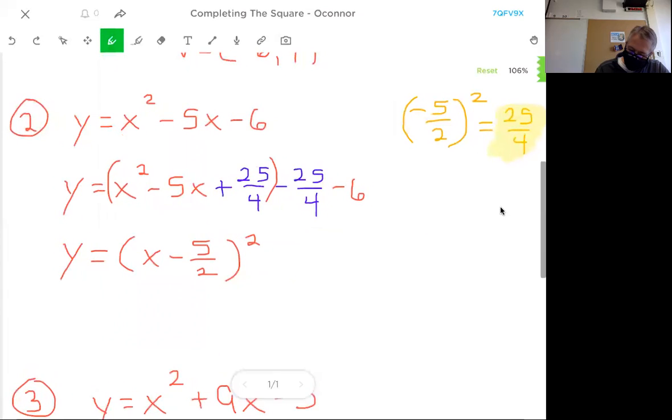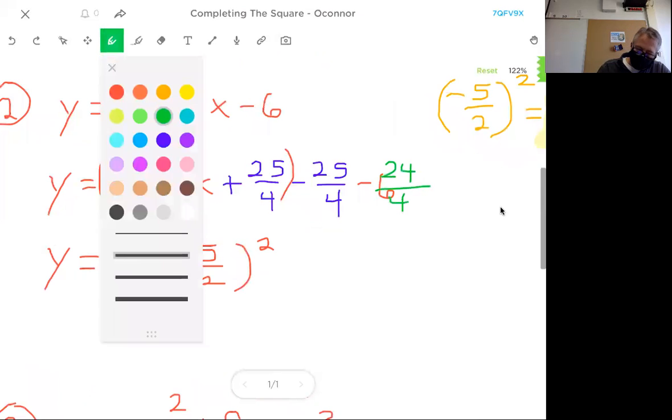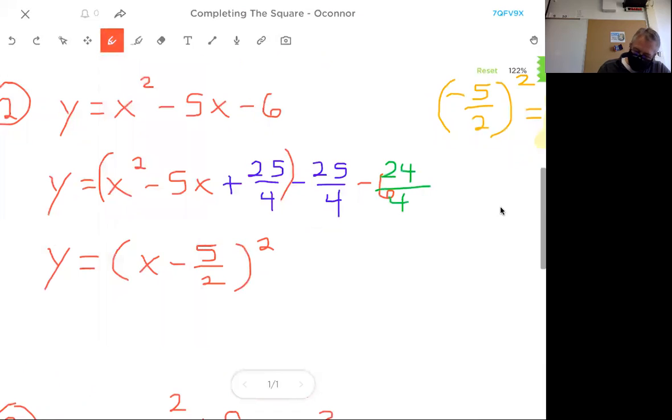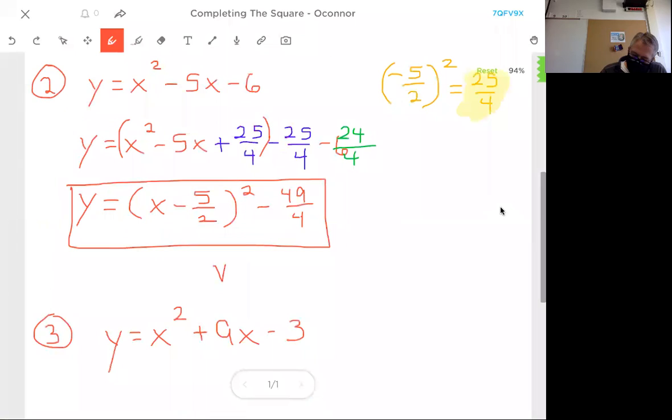I'm going to cheat here a little bit and write that 6 as 24/4, so I don't have to write another step, giving me -49/4. So our vertex is at 5/2 for our x, and our y is -49/4.